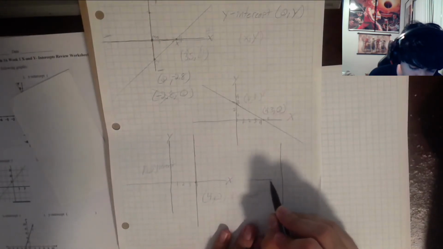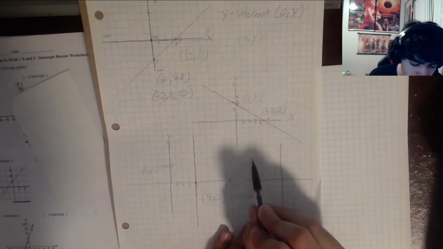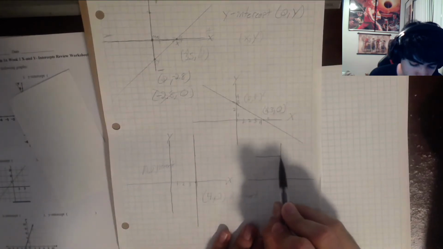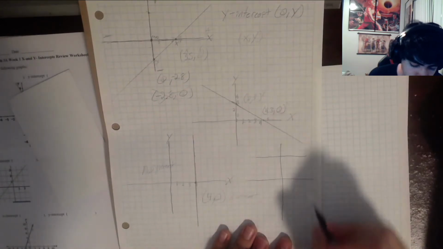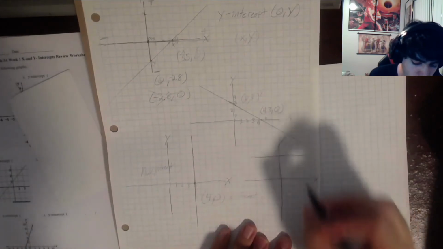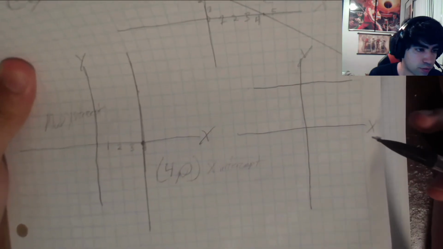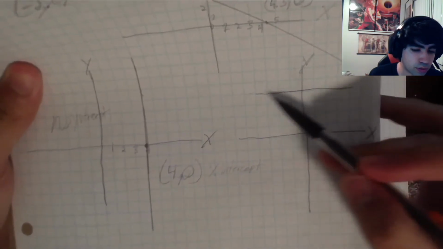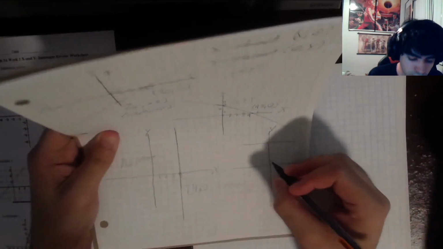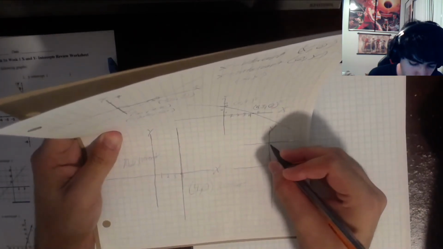Just for showing, it's going to look like this. This is your graph. I'm going to draw it really short. This is your x, this is your y-axis. This is your line. This is 1, 2, 3, 4.